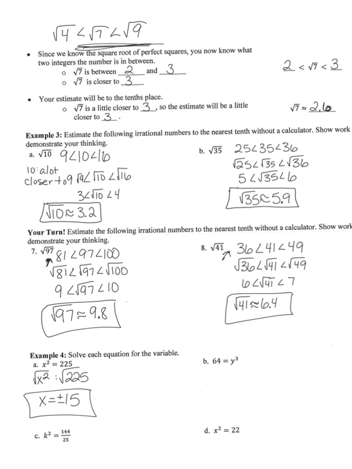And so for b, here we have 64 equals y cubed, or y to the 3rd power. To solve for y, in this case, we need to take the cubed root of both sides.